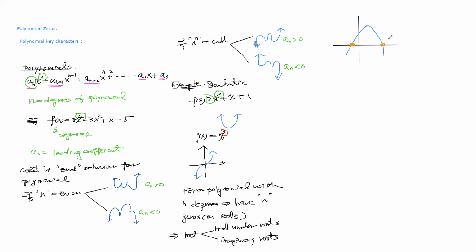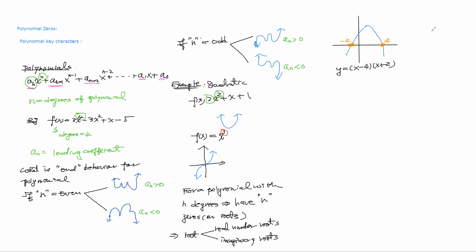For example, if this is 4 and this is -2, then I know y can be written as (x - 4)(x + 2), because -2 and 4 are the numbers that make it equal to 0. So 4 and -2 are the 2 zeros for this quadratic.